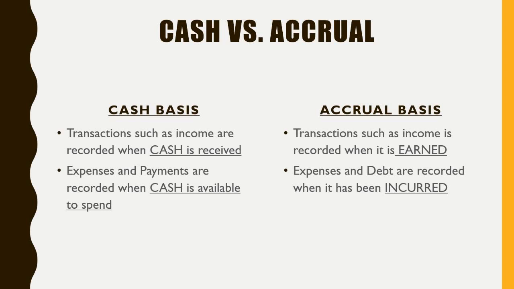So once again, cash versus accrual basis are the two types of accounting systems you could use to record your transactions. And in this class, we will be looking at an accrual type of business.